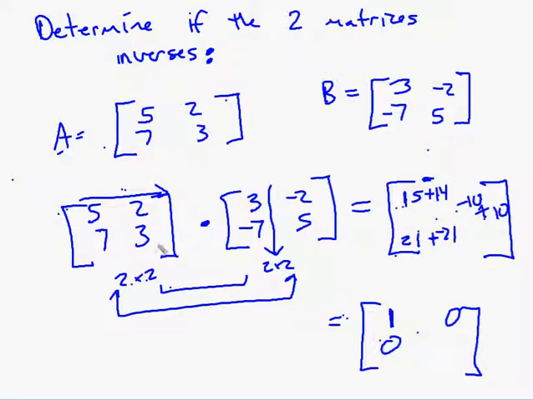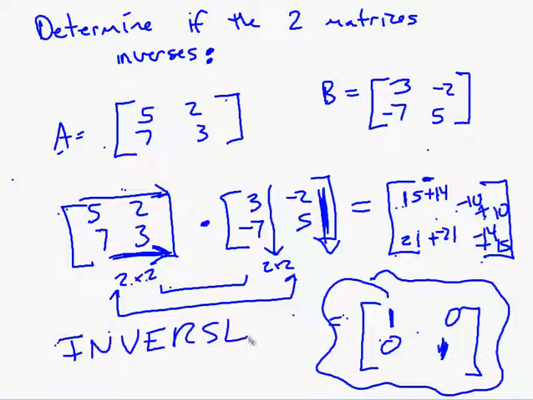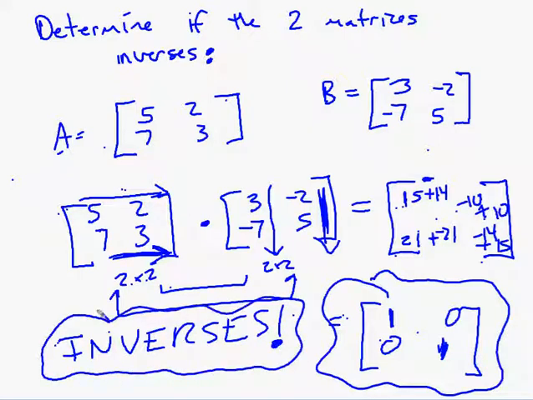And then the last one, row 2 times column 2, is going to be -14 plus 15. So 1. And now that's not our answer. But is that the identity matrix? Yes. Therefore we confirm these are inverses. If when I multiply, I get the identity matrix, then those are inverses.